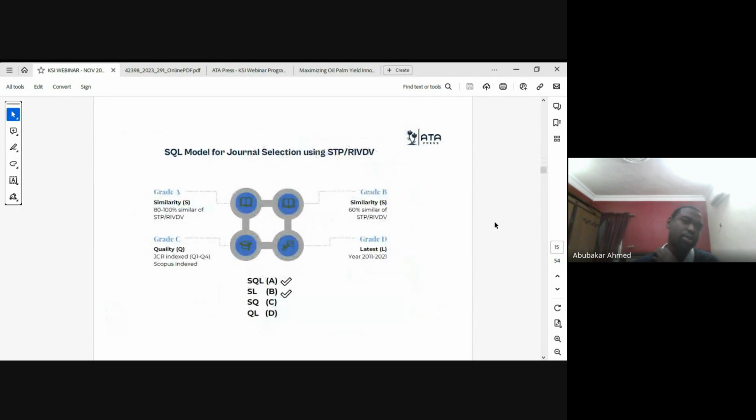Also, there is one particular area of interest which we have not covered last week because of time. When selecting articles to be used, this is particularly related to journal articles. There is this SQL model for journal selection using subject, treatment and parameter.